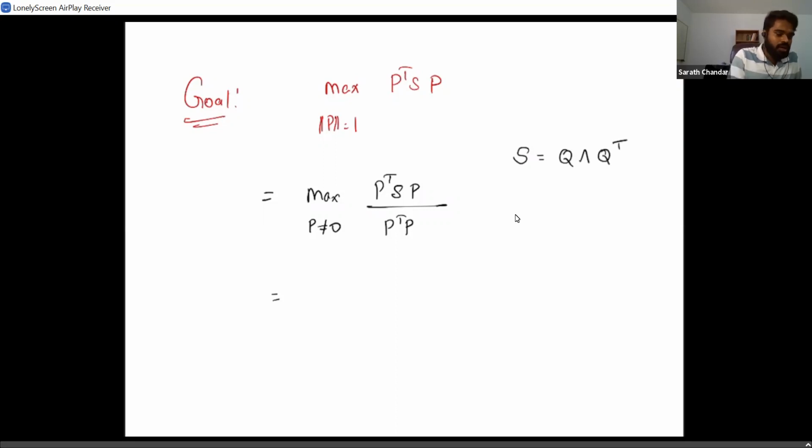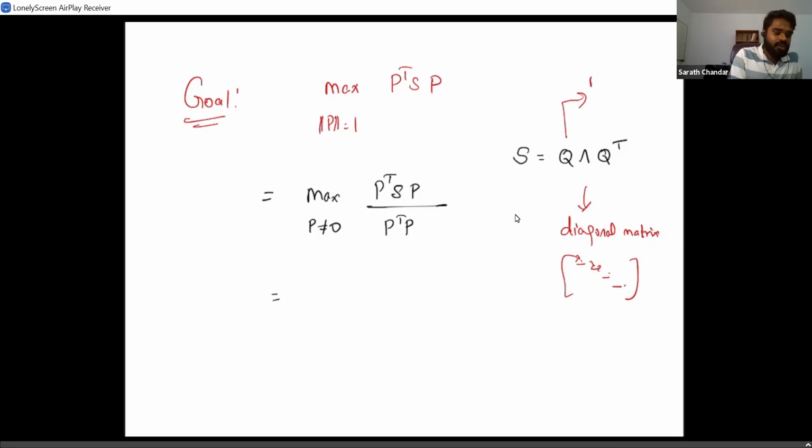Lambda is a diagonal matrix where the diagonal values are the eigenvalues of S: lambda 1, lambda 2, and so on. And Q is the matrix which has all the corresponding eigenvectors.